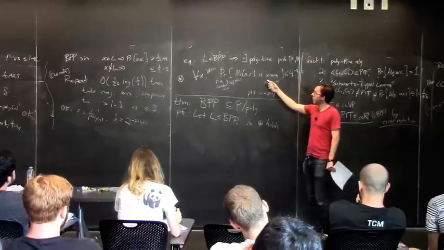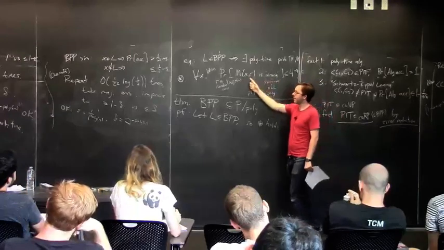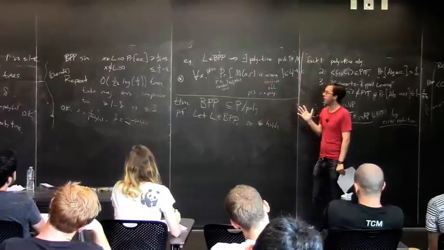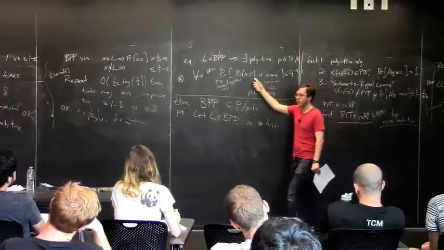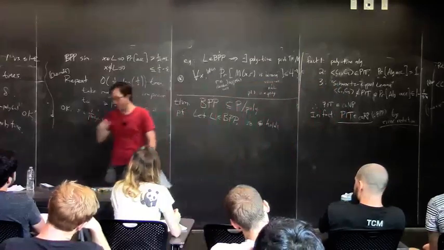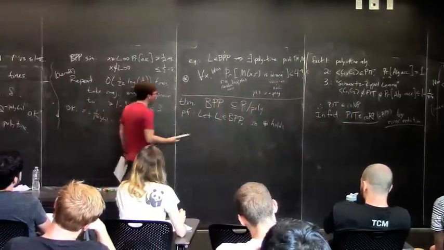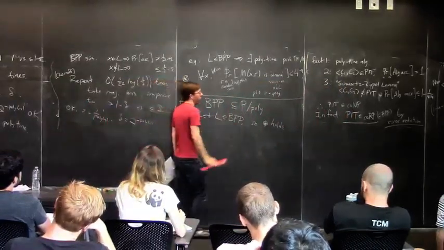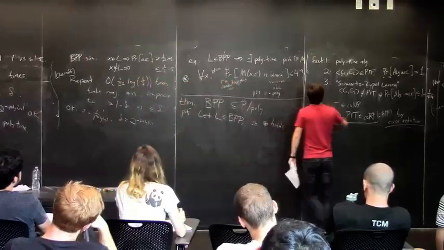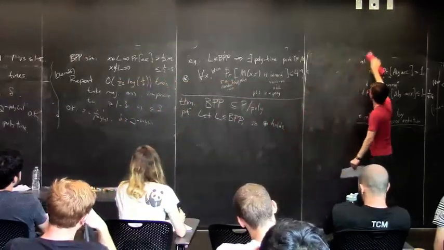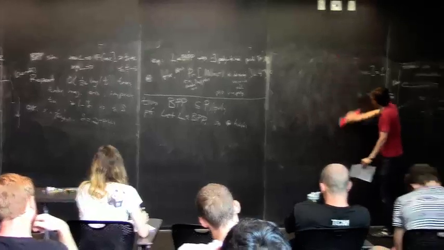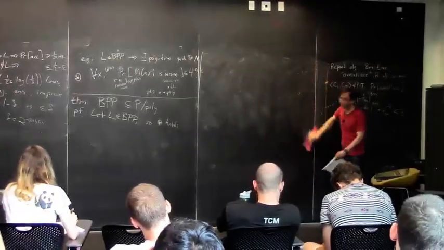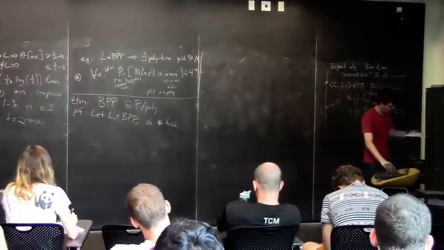It gives you the correct answer about whether or not x is in L with extremely high probability over the choice of the random string. We want to make a deterministic algorithm. We can't completely de-randomize it, but we can de-randomize it through the use of advice.